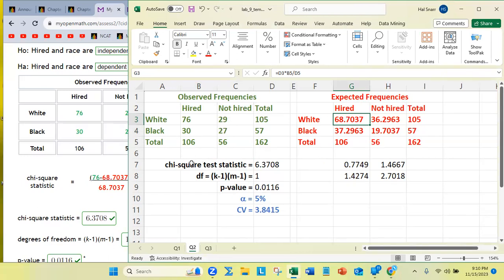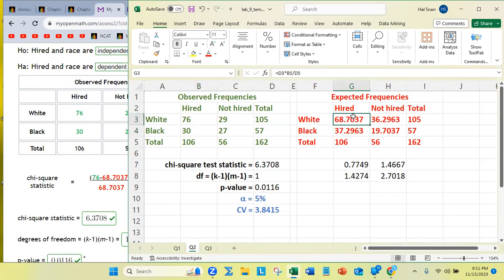Sorry, I got that backwards. We expect, if we have independence, we expect 37.2963 black and hired applicants. Sorry, we only get 30. So what we observe is less than what we expect. So here it could be the case that black workers or applicants are being discriminated against. But it could be the case where this number is bigger than that, and this number is less than that.